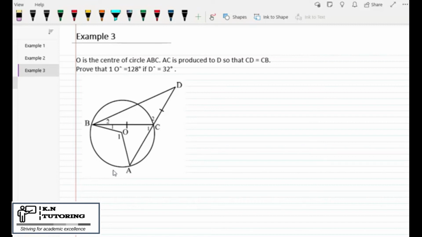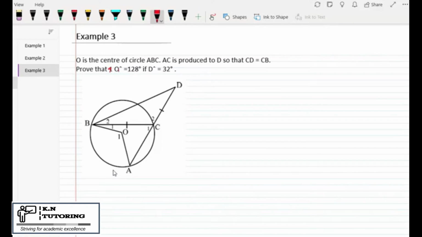Okay, so it says O is the center of a circle ABC, right? AC is produced to D, so that CD is equal to CB. Prove that O1 is 128 degrees if D is equal to 32 degrees.